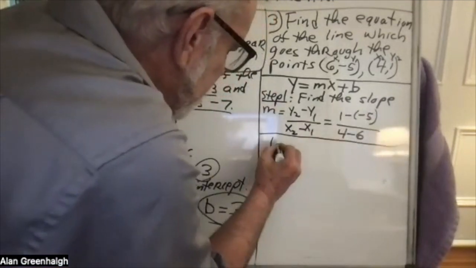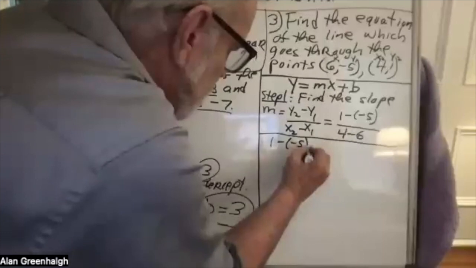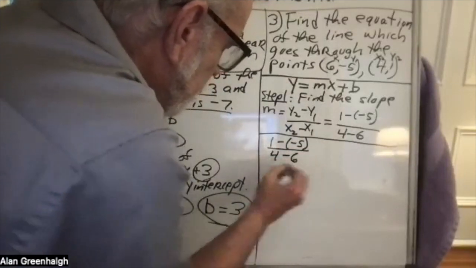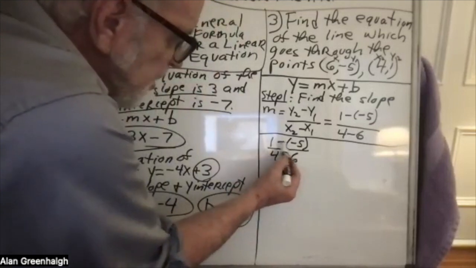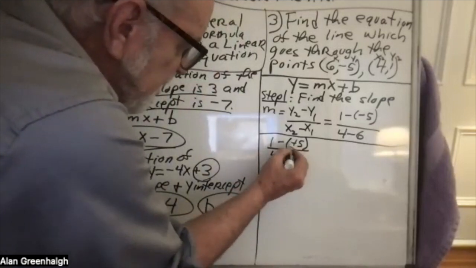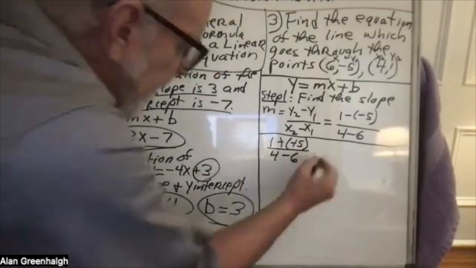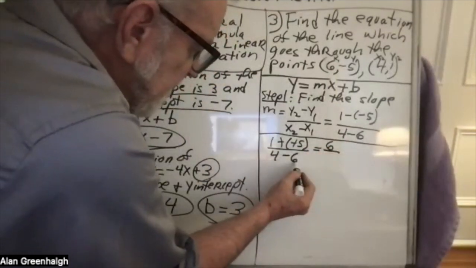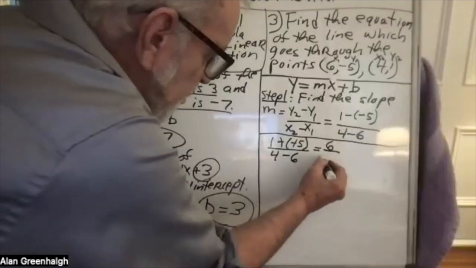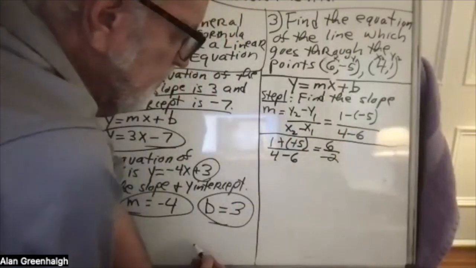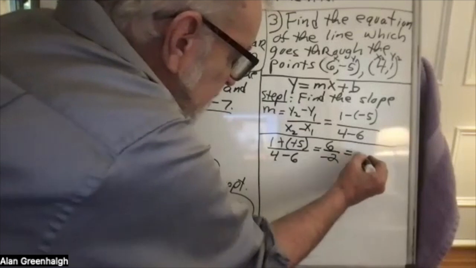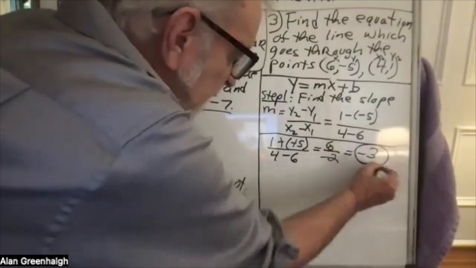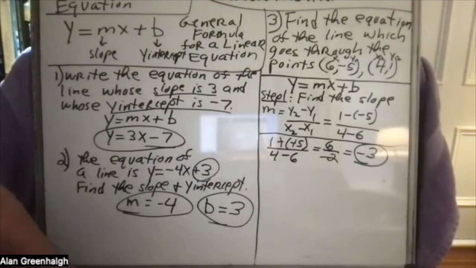Let me rewrite it so we'll be able to modify it if we wish. Well, when you're subtracting 2 numbers, you change the signs and you get 6. And 4 minus 6 is equal to -2. And the slope, 6 over -2, is -3. That's the slope.